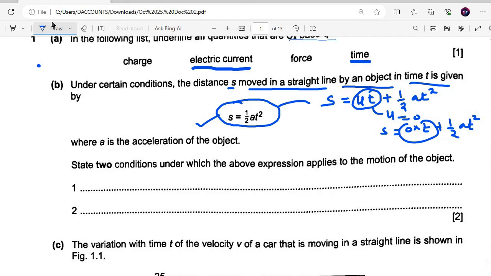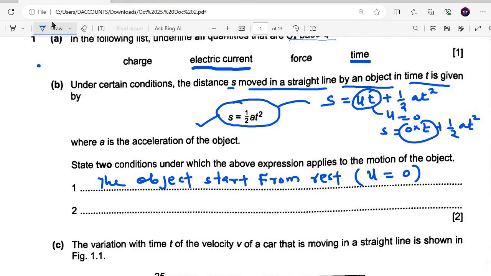So one of the conditions for which this expression can be used is that the object starts with an initial velocity of 0, or starts from rest. Start from rest means u, the initial velocity, is 0.